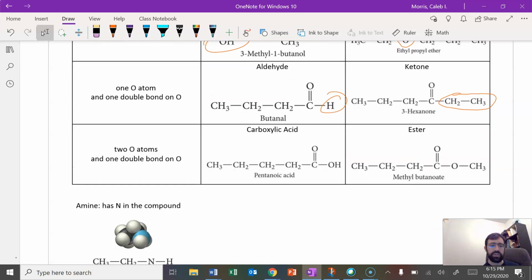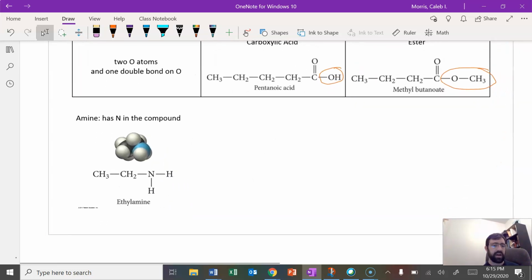And if you have two O atoms and one double bond on oxygen, that could either be a carboxylic acid. That's if there's an OH group over here, double bond to oxygen, OH group over there. Or it's an ester if you have an O with a carbon attached to it on the other side. Okay, and an amine has nitrogen in the compound.